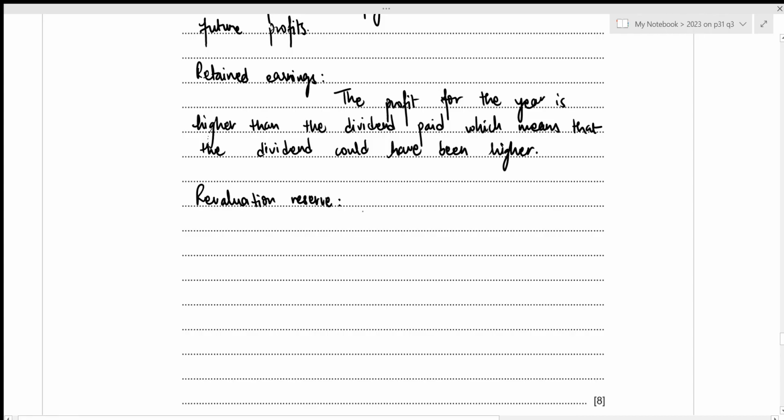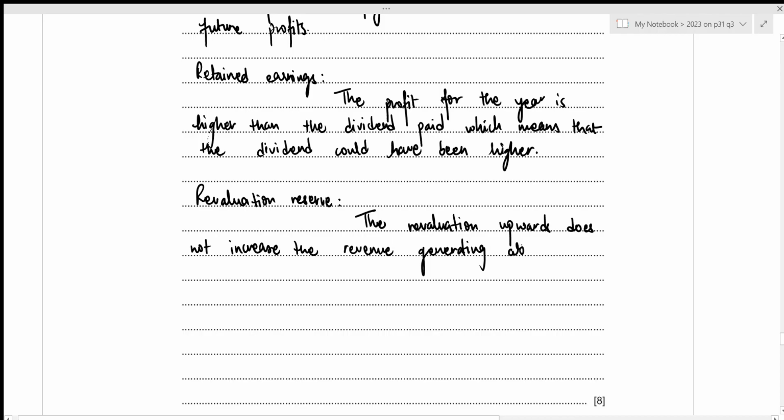Let's write it down. The revaluation upwards does not increase the revenue generating ability of the business, and therefore will not affect the shareholders.